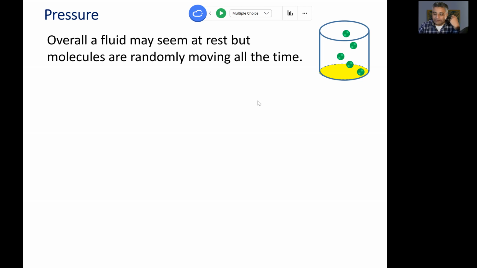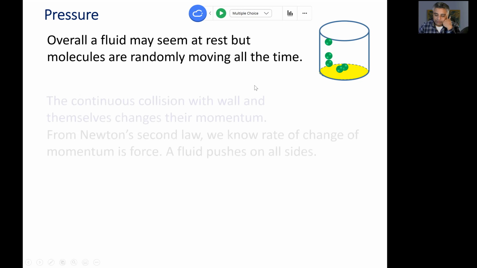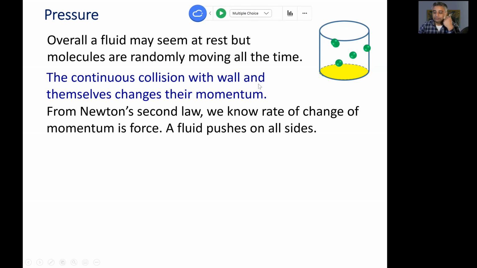So when they are free to move, and when we put them inside a case or container, what happens? They are going to bounce back and forth. When they do, they hit the side of the container. So let's think in terms of momentum change.